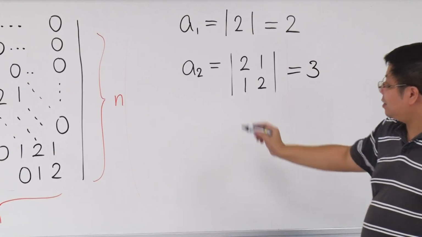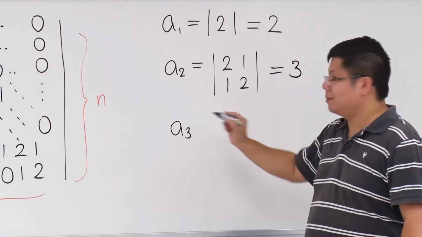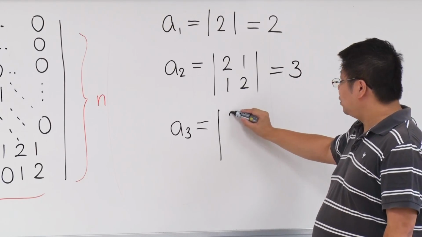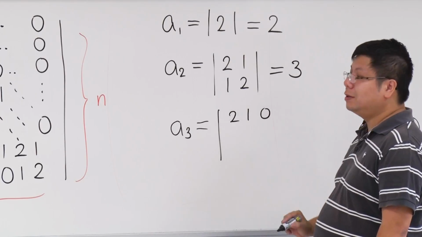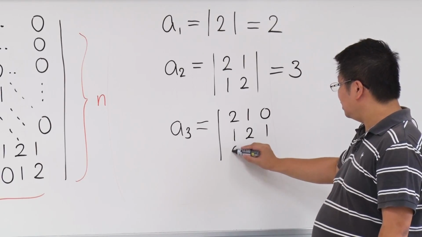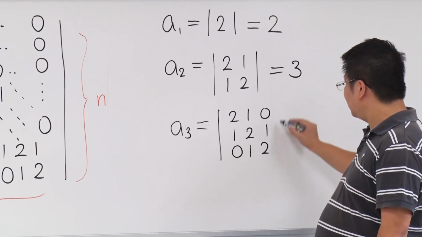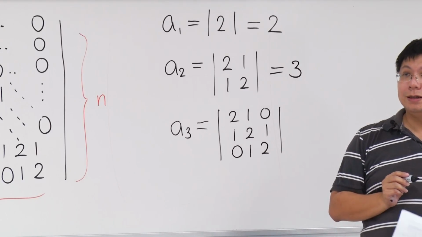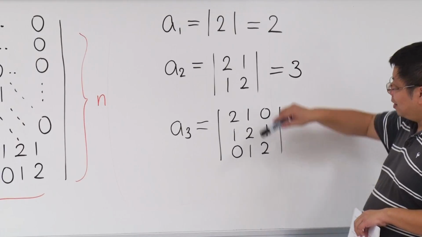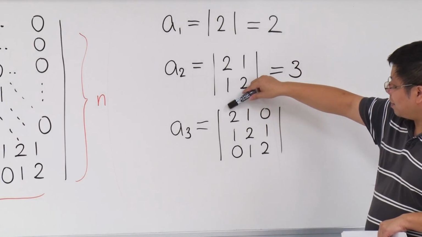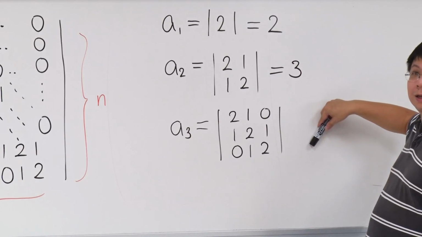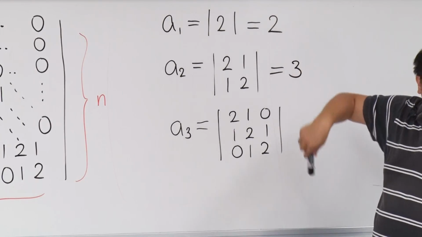Is that okay? Let's also do one thing, a3. a3 is equal to what? a3 is equal to 2, 1, 0, 1, 2, 1, and then 0, 1, 2. I want to get this. Is that okay? 3 by 3, we can still use this diagonal method. So I want to sum up this 2, 2, 2, 1, 1, 0, 0, 1, 1. This direction is add.